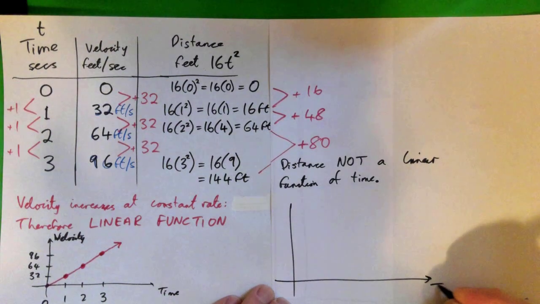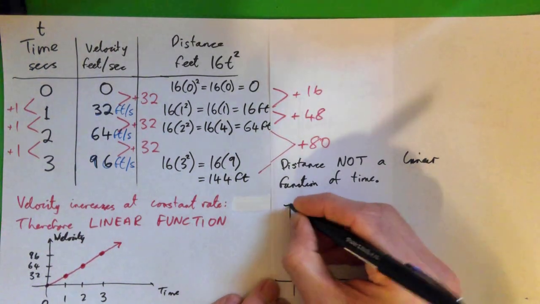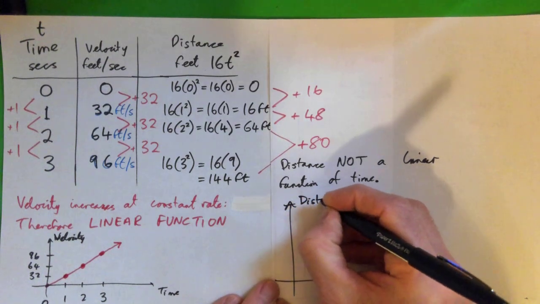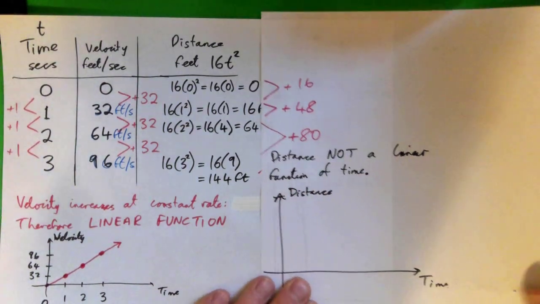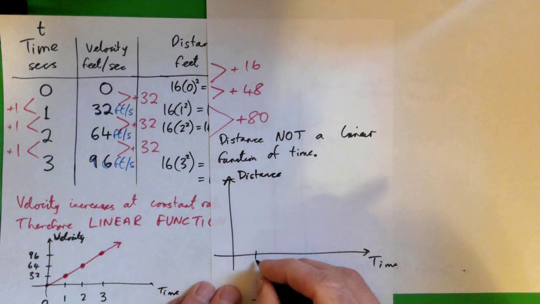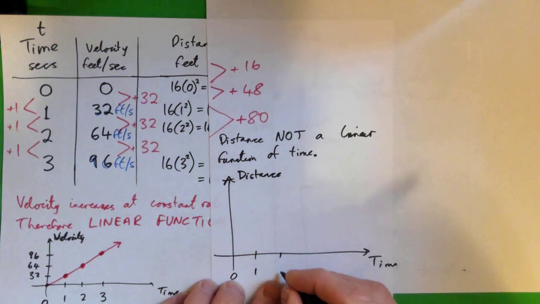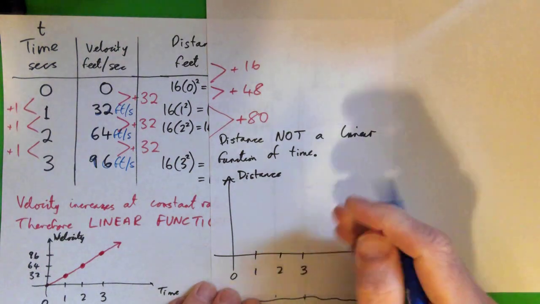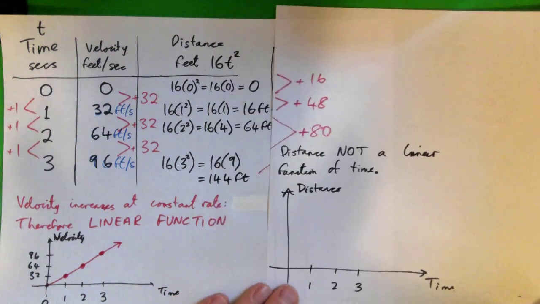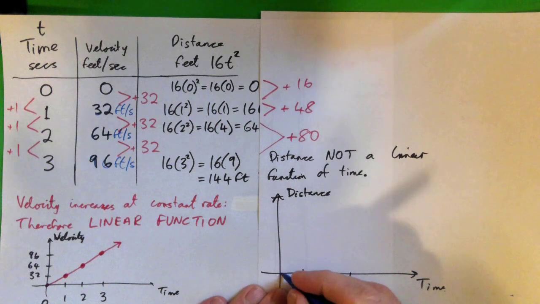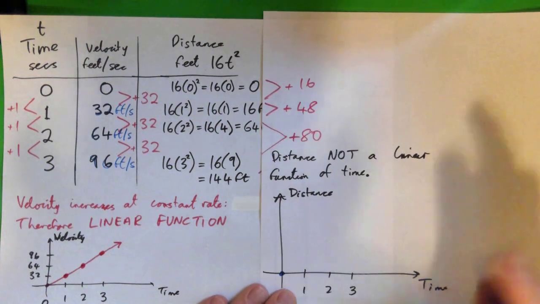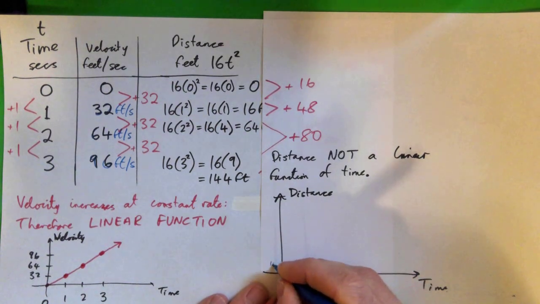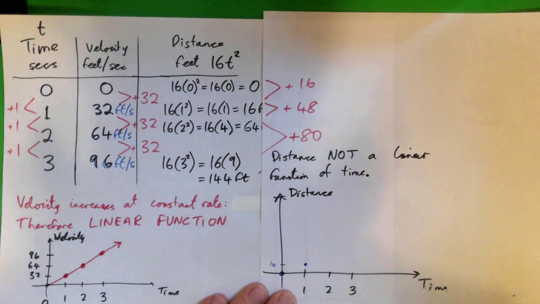Now, if we really wanted to, we could do a quick graph. Time, distance, and it would look something like this. Time, 0 seconds, 1 second, 2 seconds, 3 seconds. And the distance would be 0, then 16, which is about there, I'll just make it up.